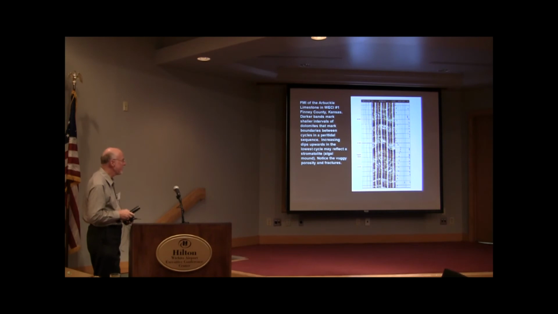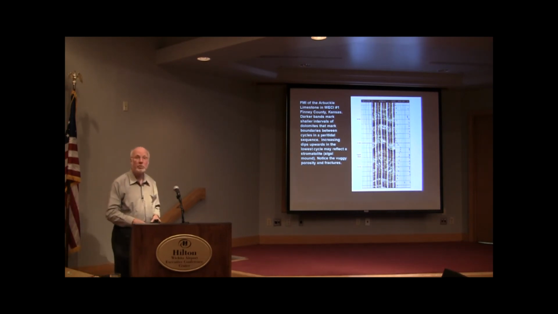Because this one here is showing there's an image. It's not an exploration well, it's not a production well, but here we are, we're over in Finney County. We're looking at the Arbuckle, and you can see these kind of alarming sine wave things that tell us there's strong dips. The reality is that this was drilled about 35 degrees from the vertical, so it's an inclined borehole.